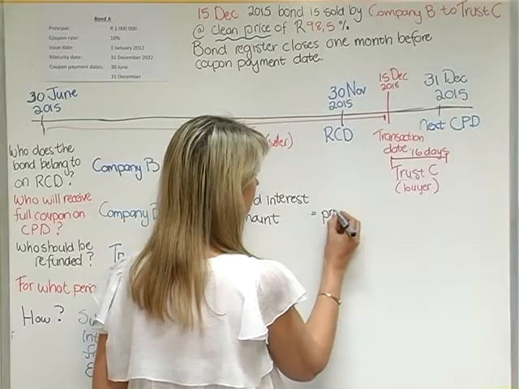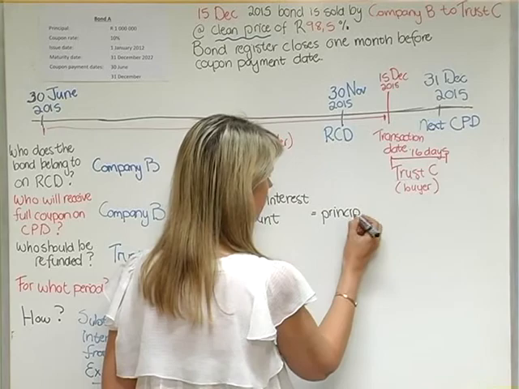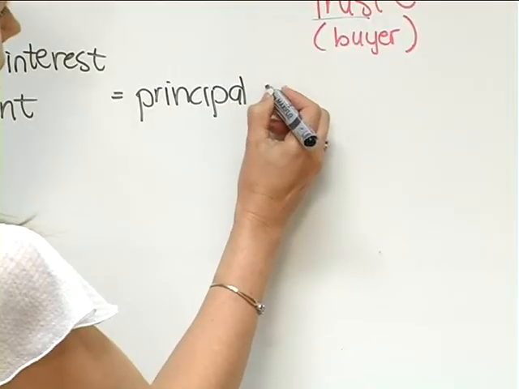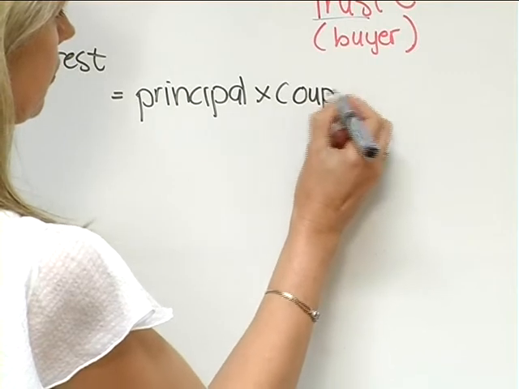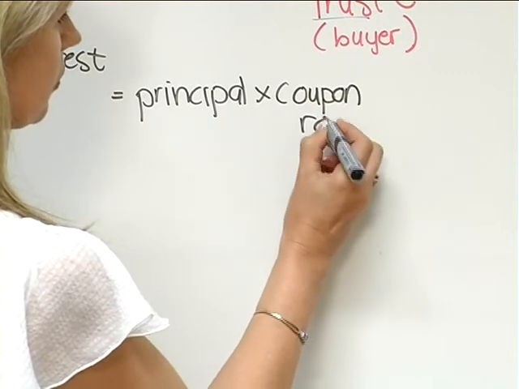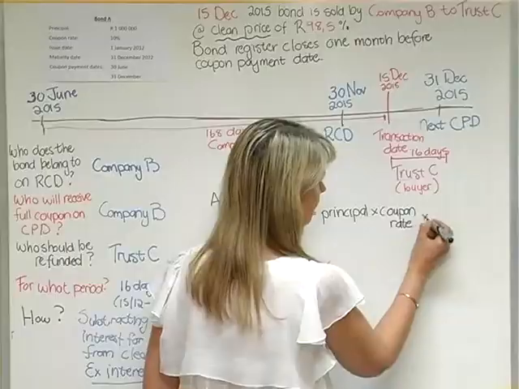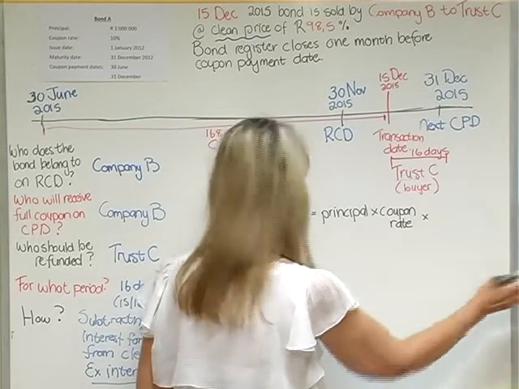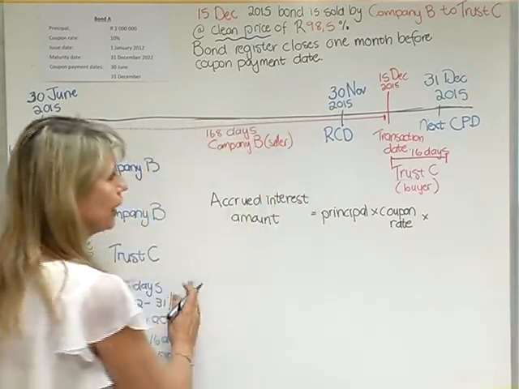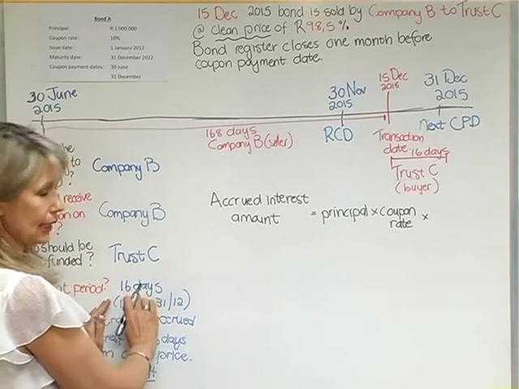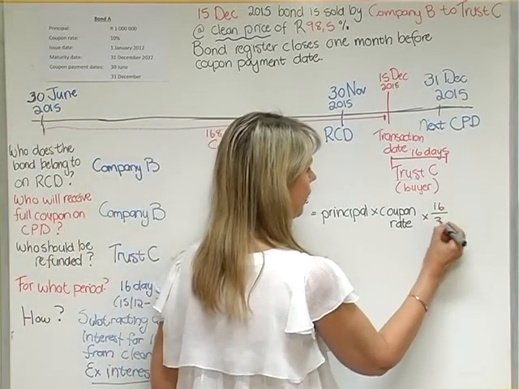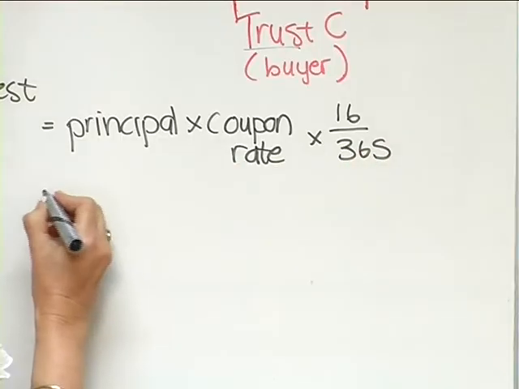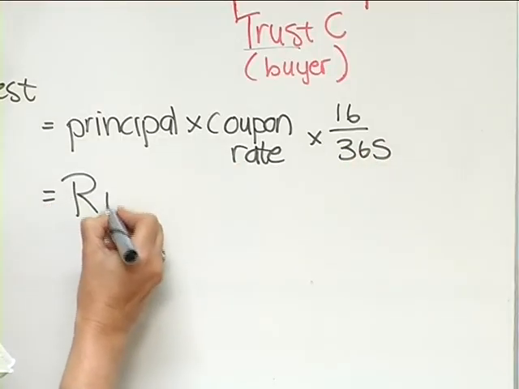So it's the principal times the coupon rate times D, which now refers to the period for which you calculate the accrued interest. There's 16 days divided by 365. The principal is 1 million rand.